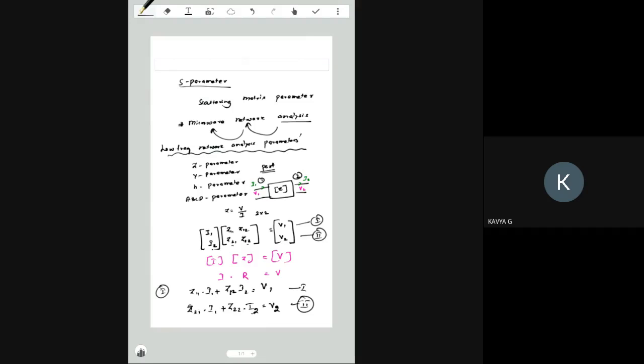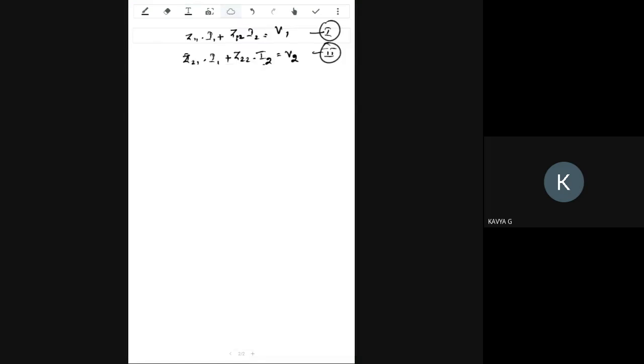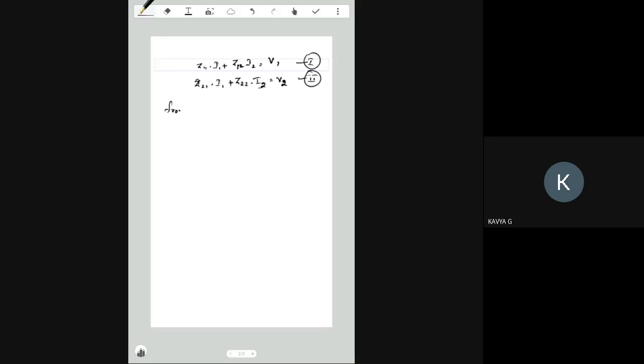From this I can find out what Z11 is. From equation 1, I can write Z11 I1 equals V1 minus Z12 I2.